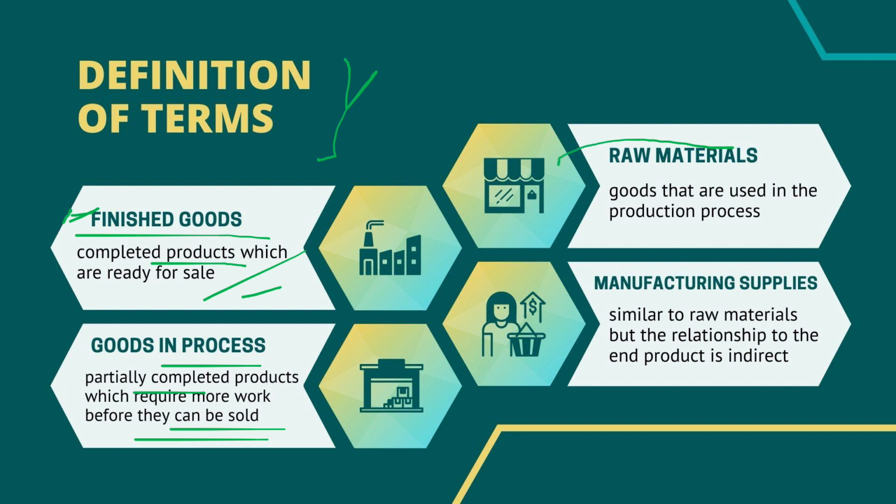Ang raw materials naman are used in the production process. Okay? So, ito yung kadalasan na directly. Direct siya sa production. Manufacturing supplies are similar sa raw materials but ang relationship niya dun sa product is actually indirect lang.